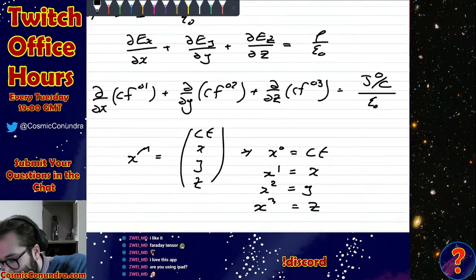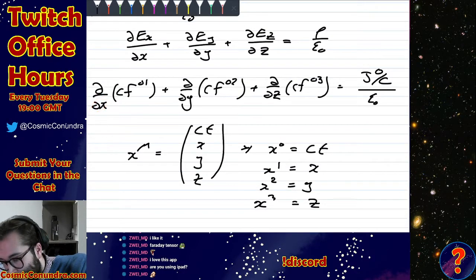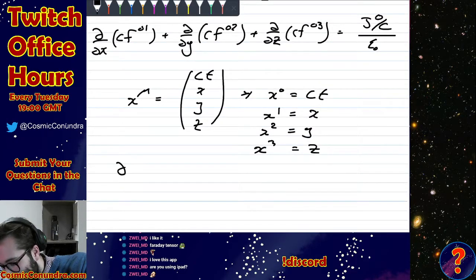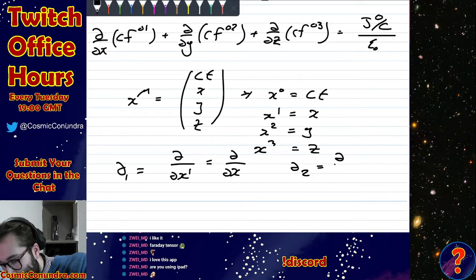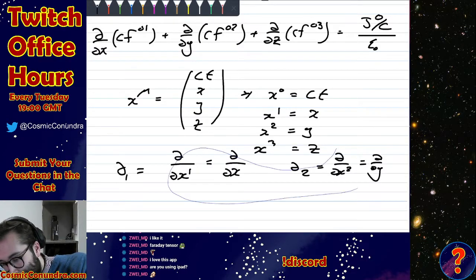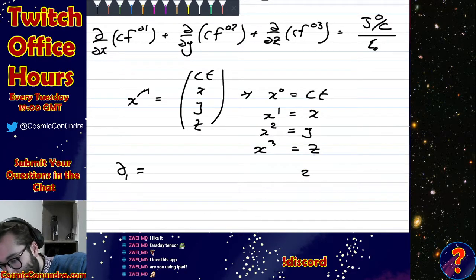So I'm going to rewrite this derivative. Instead of d by dx, I'm going to write ∂1, which just translates to the derivative with respect to x1, or in other words, with respect to x. And likewise, ∂2 would be the derivative with respect to x2, or with respect to y. Hopefully that makes some sense. This is just notation anyway.